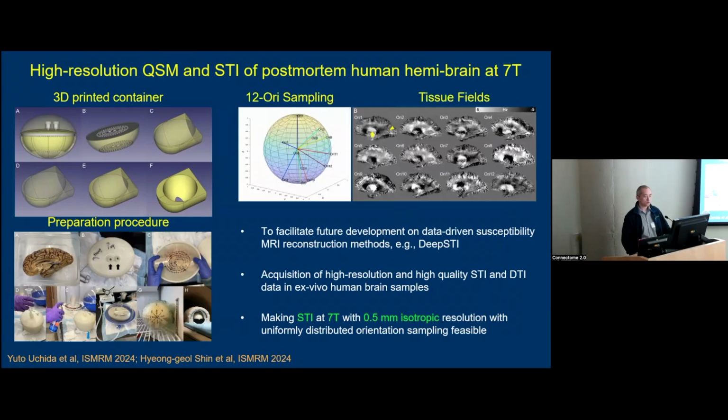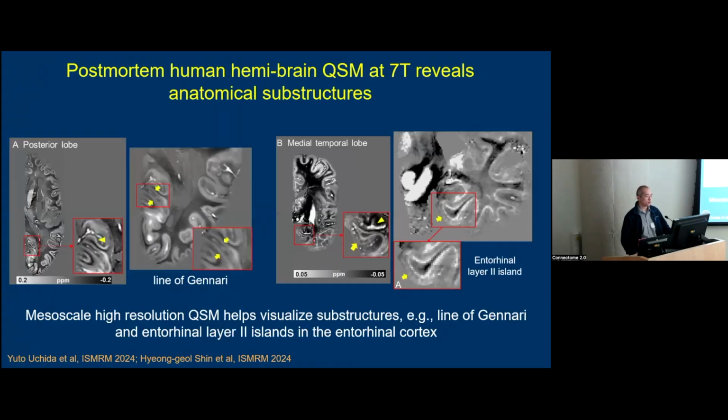And here I'm just showing some examples that we acquired at 12 different orientations, showing large orientation dependence. And using this high resolution data, we can reconstruct pretty high quality QSM, which allows us to visualize a lot of anatomical substructures, such as the line of Gennari and also the layer 2 islands in the entorhinal cortex.